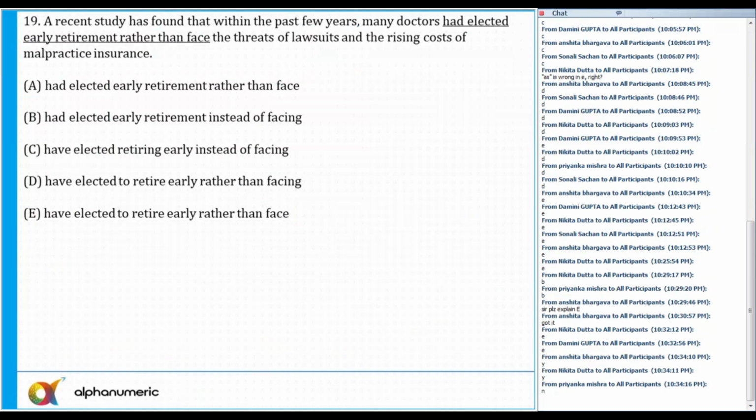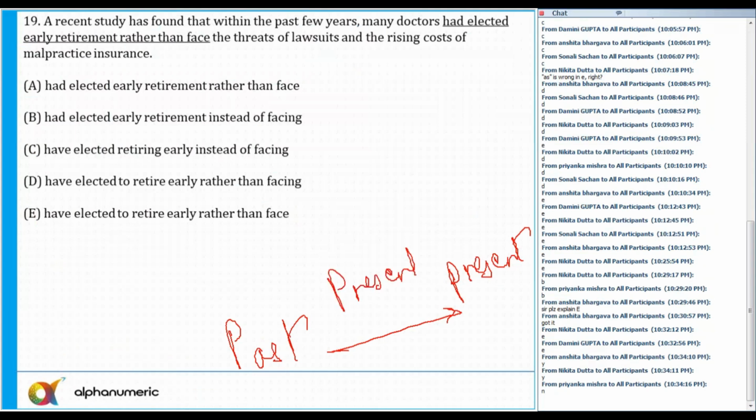A recent study has found that within the past few years, okay, within the past few years, it has started in the past, and it is in all probability continuing in the present. Continuing in the present, which means I have to use present perfect.